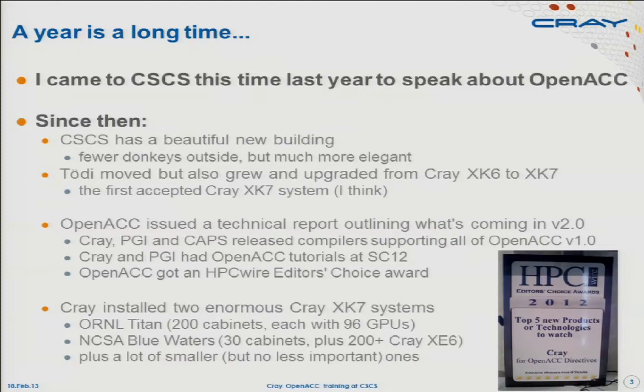OpenACC has also grown. There's a technical report out saying what's going to come in the next version of OpenACC. That's version 2, in the next few months. In the last year, Cray, PGI, and CAPS have all released full compilers covering all of the language. Cray and PGI had tutorials at SC12.